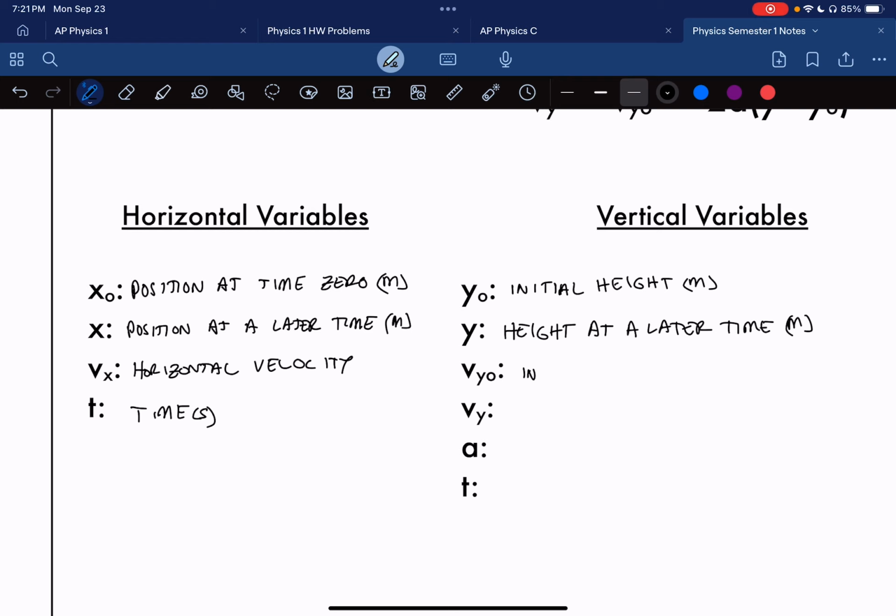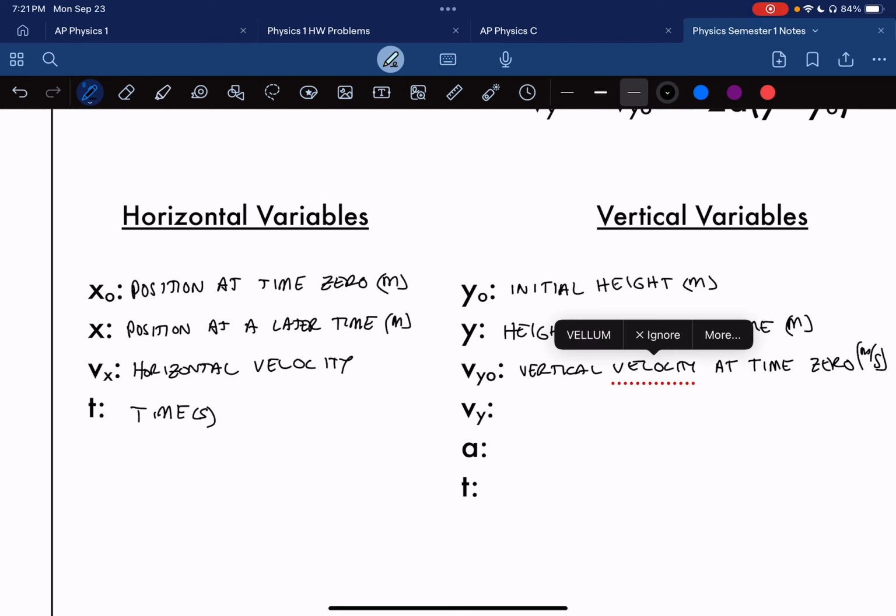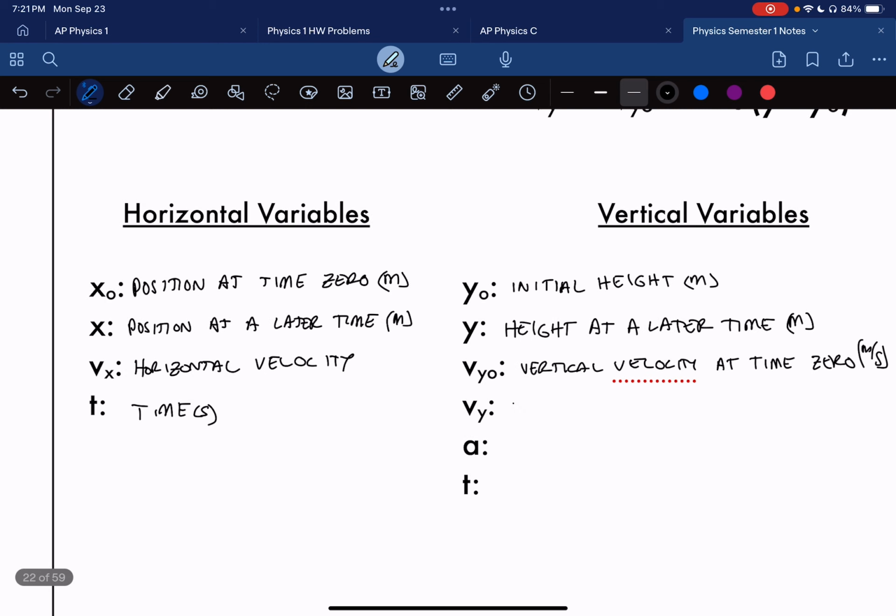This is the vertical velocity at time zero, in meters per second. And this is the velocity at a later time.